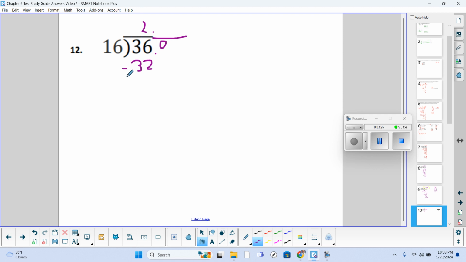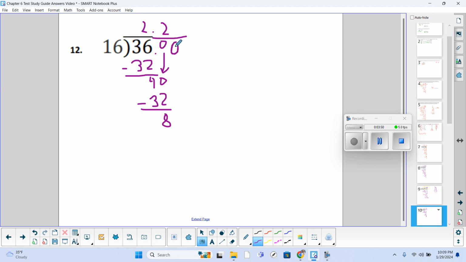My remainder is 4. I bring down this 0 now. I'm after the decimal place. 16 goes into 40. Well, 2 times, because 3 times 16 is too much. 2 times 16 is 32. My remainder is 8, which means I am not done.